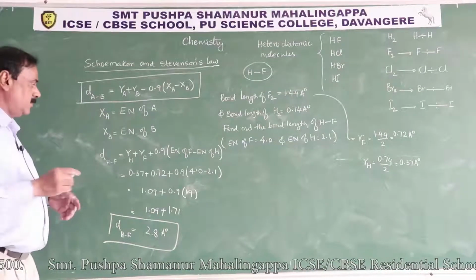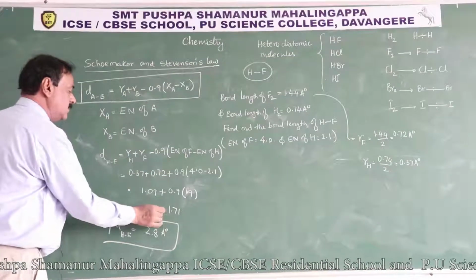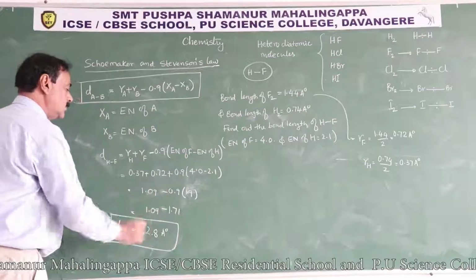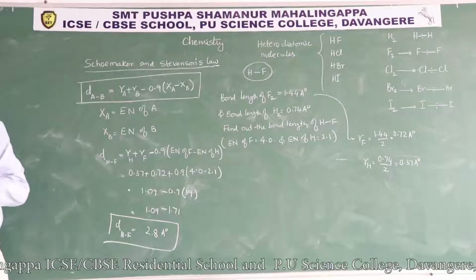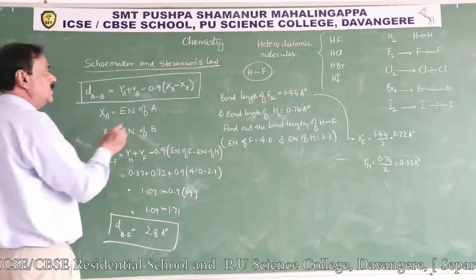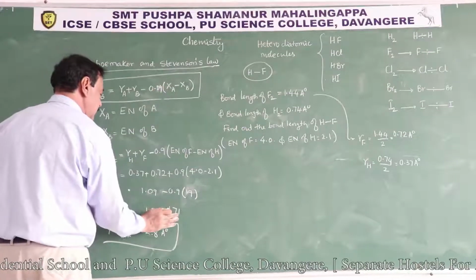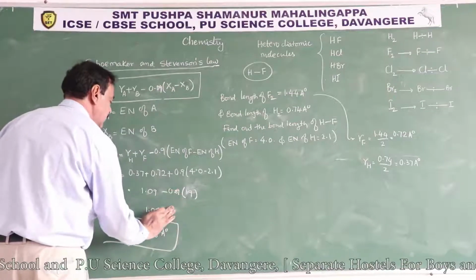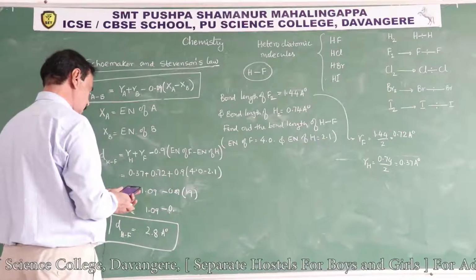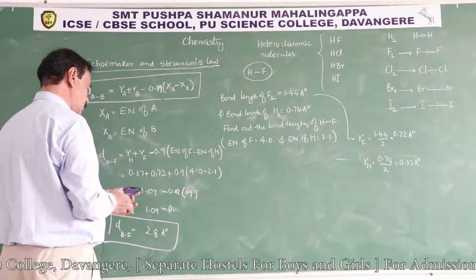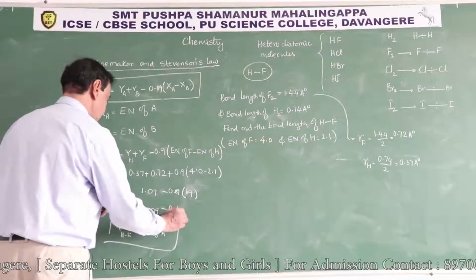Now correcting this: the factor is 0.09, not 0.9. So 0.09 into 1.9 is 0.171.